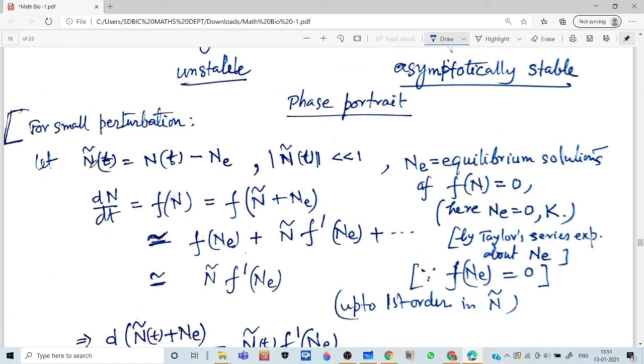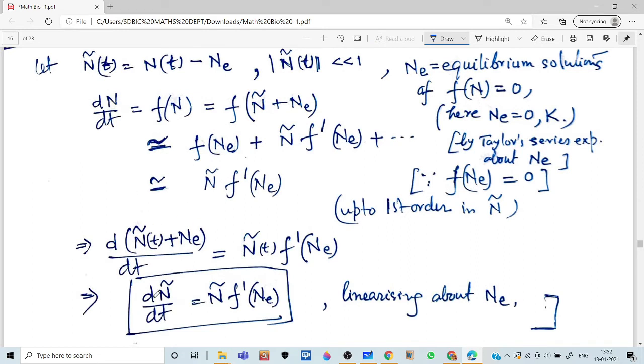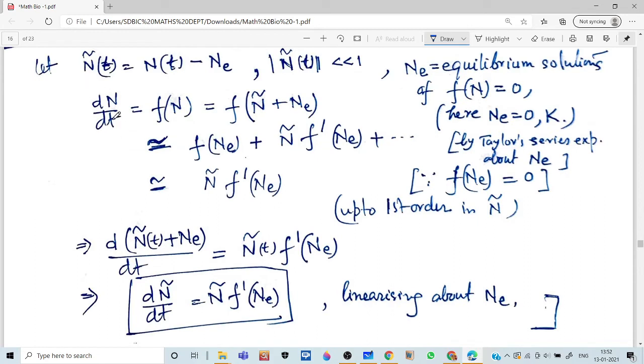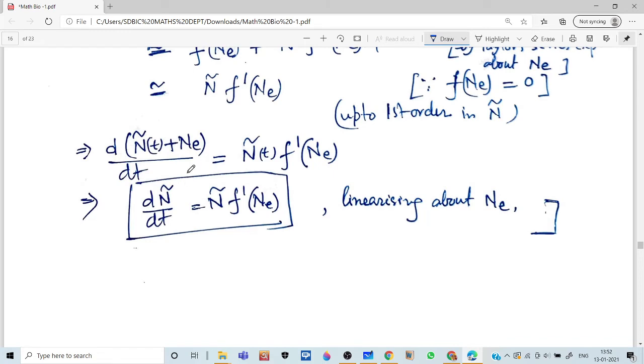For small perturbation, n tilde is equal to n minus ne, and dn/dt is equal to f(n tilde plus ne), which by Taylor expansion is f(ne) plus n tilde f'(ne). Because f(ne) is equal to 0, dn/dt equals n tilde f'(ne). Since ne is a constant, dn tilde/dt is equal to n tilde f'(ne).